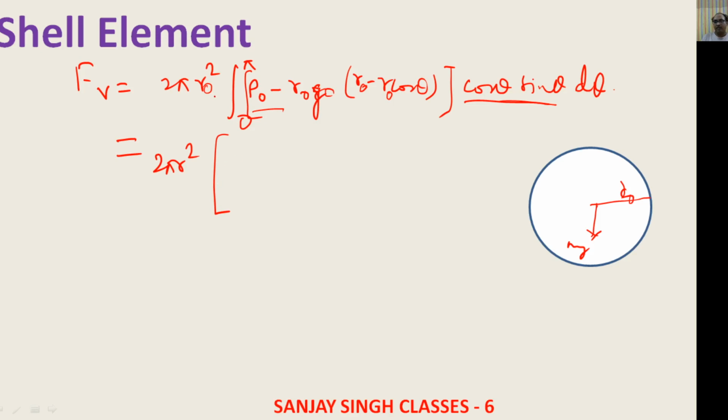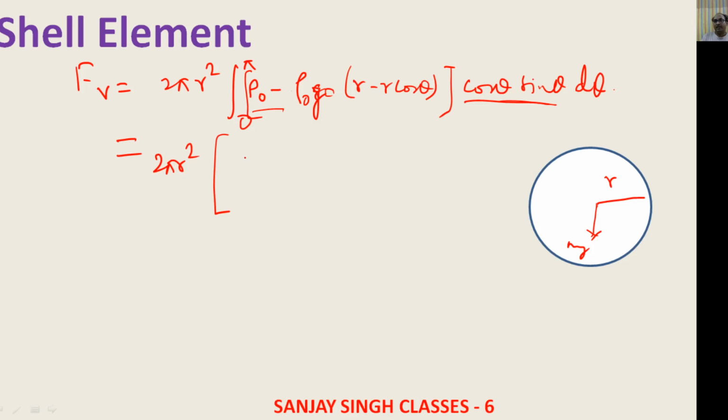So 2 pi r square, rho 0 g0 times r minus r cos theta.